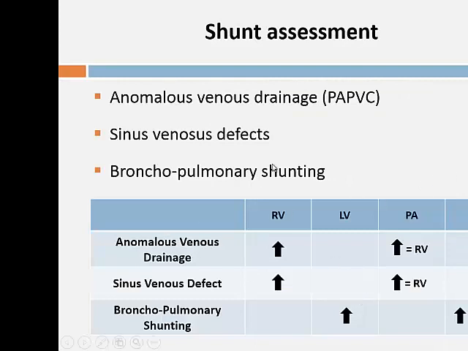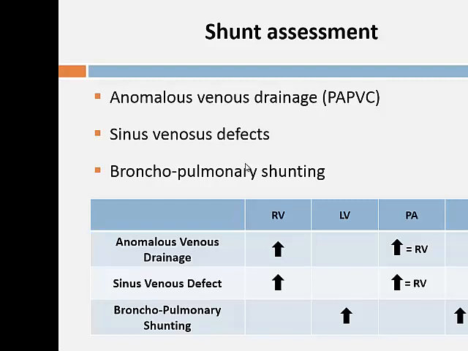So there are important things to say. The commonest shunts that we'll see other than ASD are obviously the sinus venosus defects with anomalous venous drainage. But remember, it's not uncommon to see bronchopulmonary shunting. What we mean by that is because the pulmonary arteries are effectively occluded, a lot of the blood is getting to the lungs via the bronchial arteries.